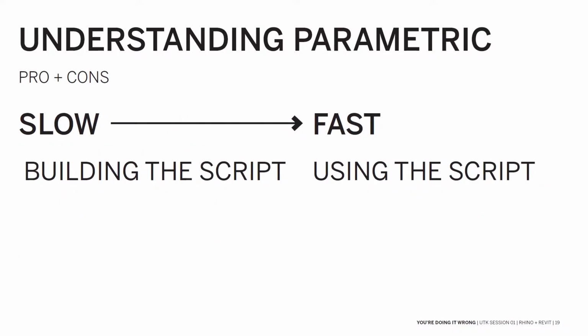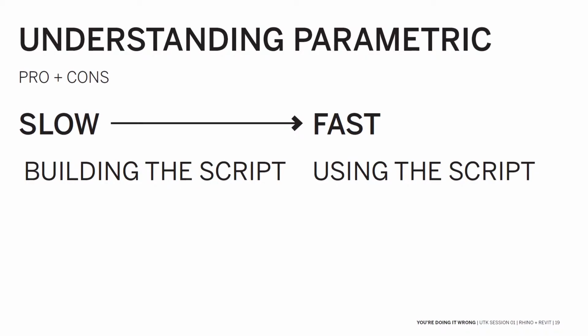When you understand parametric design, you need to understand that building a script is very slow because you're running into bugs, you're running into all the things you need to account for. You need to actually build it and it needs to work consistently. That part of the process is slow. But once the script is done and the workflow has been created, it's very fast. So you can use the script to generate a lot of geometry on the back end.